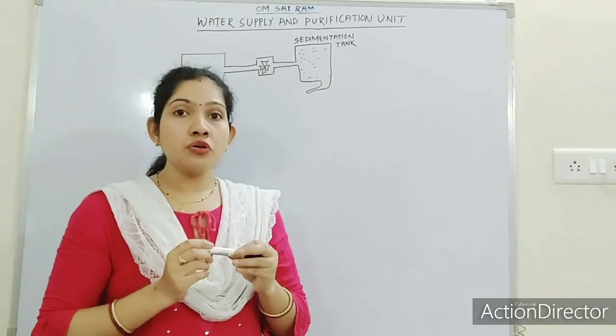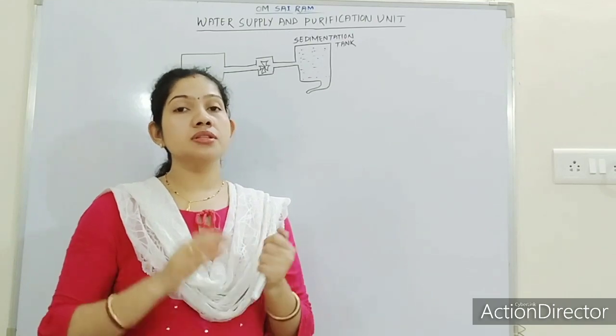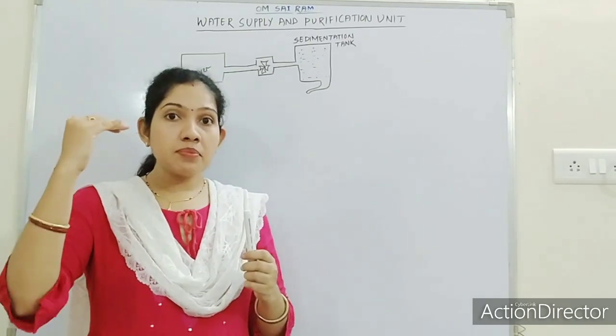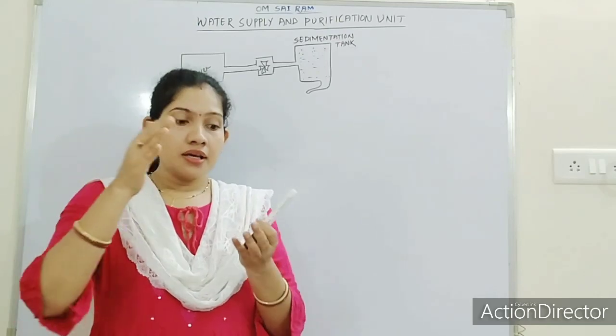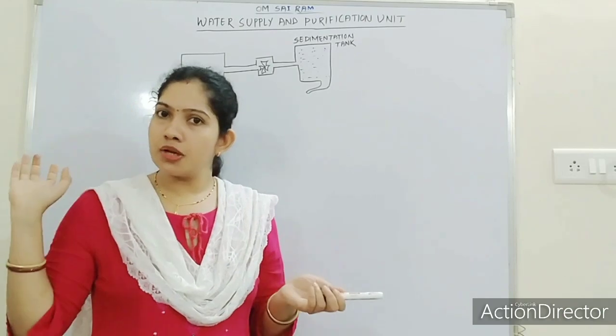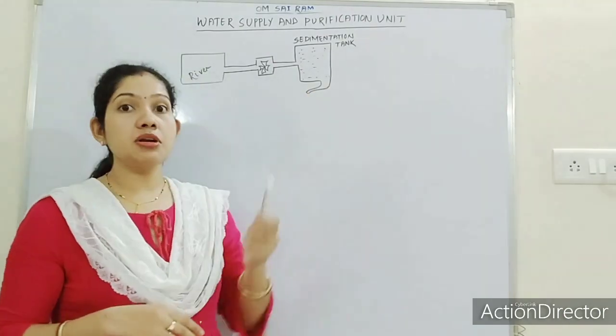When we allow impure water, suppose muddy water, to settle, all the heavier particles, that is the mud, will settle down and the clean water will be at the top. This process is called sedimentation, so this is the sedimentation tank.